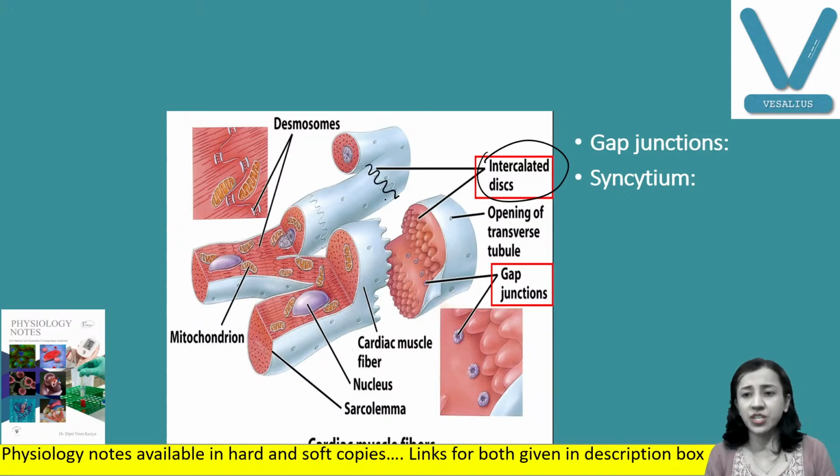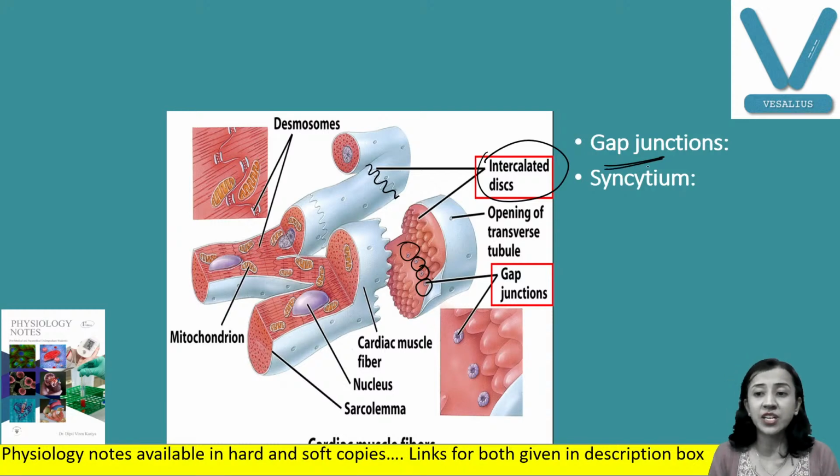There are also gap junctions along the sides, near the outer border of the intercalated disc. What is the importance of gap junctions? Through gap junctions, ions can pass from one cardiac muscle to another, and because of this, cardiac muscles act as a single unit, a syncytium.